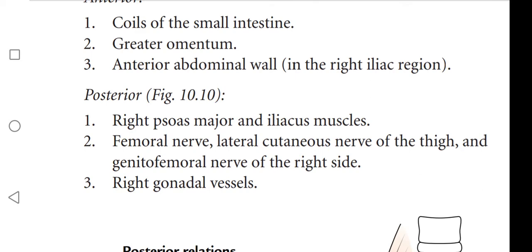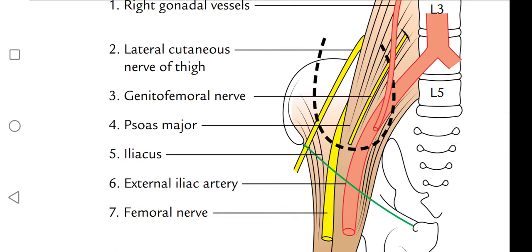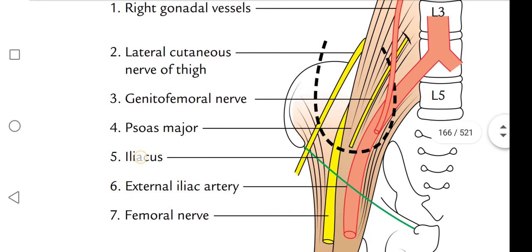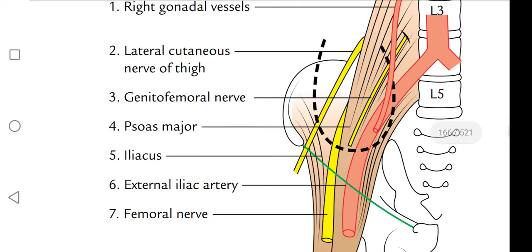Remember, right only, because the cecum is in relation with the vermiform appendix, which is on the right side, so these muscles are also on the right side. This is the psoas major and this is the iliacus. These two are the muscles.